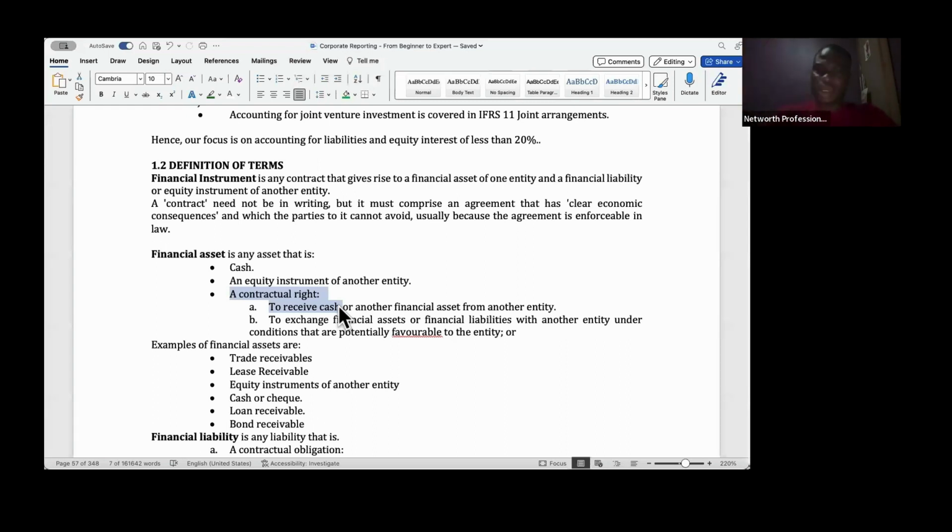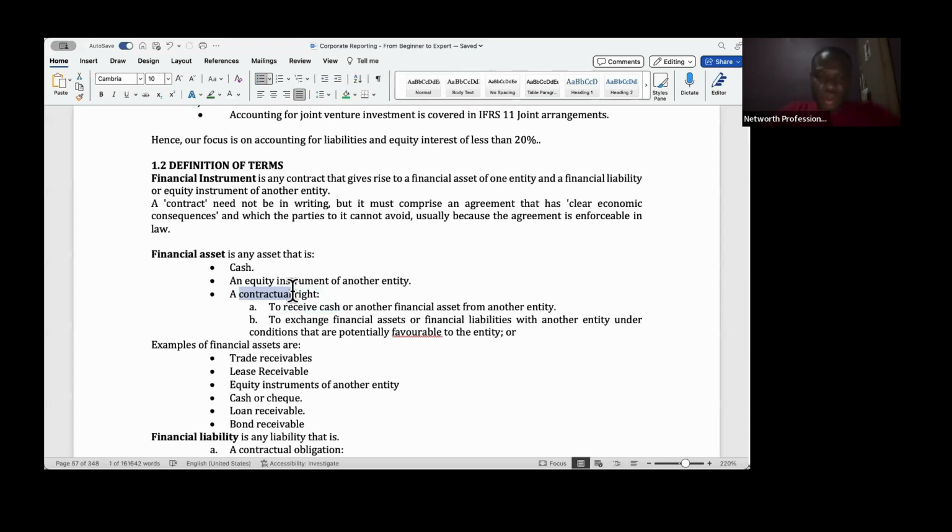But not to waste our time, a motor vehicle does not give an entity a contractual right to receive cash, because to have a contractual right to receive cash, it means you would not have to do anything to get that cash, because you had only invested. You just need to invest, and the money will start flowing in. Somebody will have to pay you, because it's a contractual right, which means that if you don't get it on time, you can sue. There will be legal consequences on that other party.